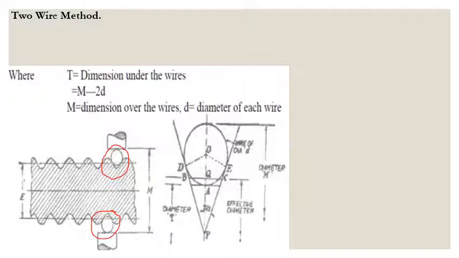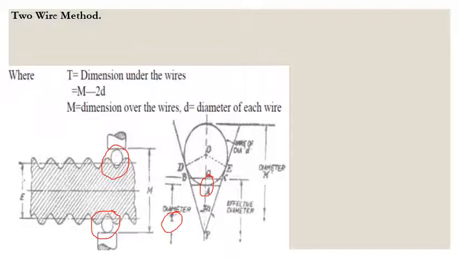Here, BC is the line which indicates the effective diameter line or pitch circle line. The diameter over the wires plus this AQ gives the effective diameter.